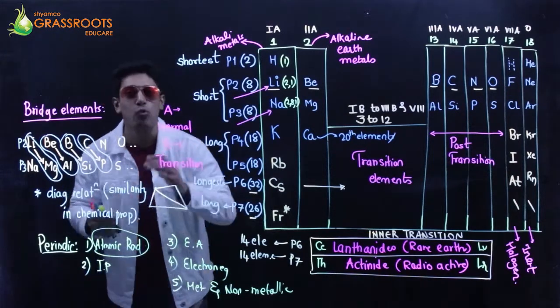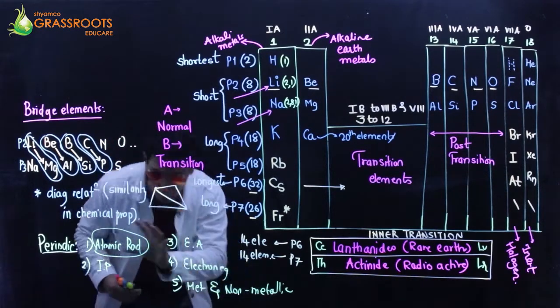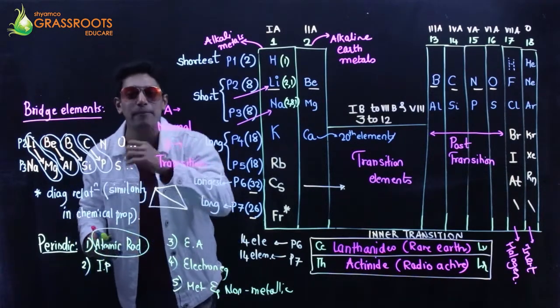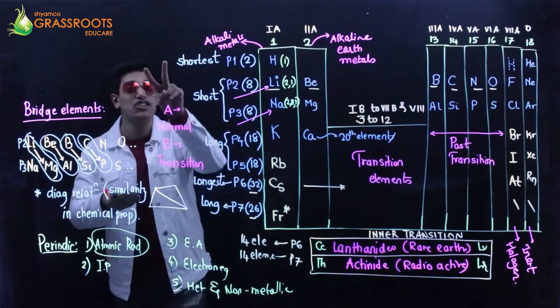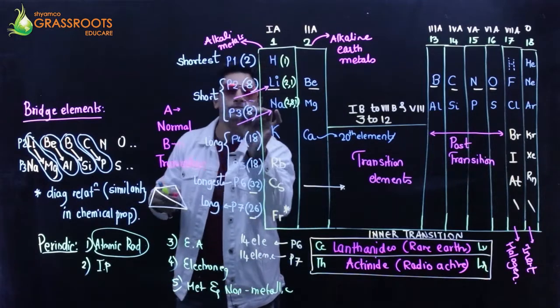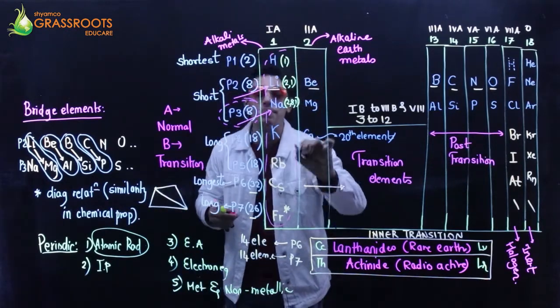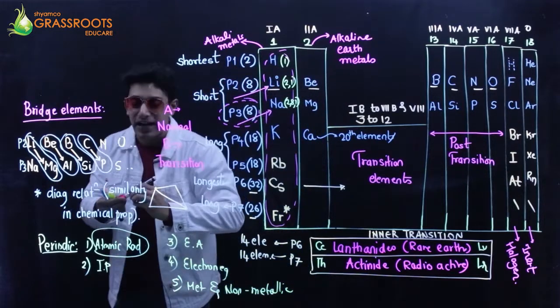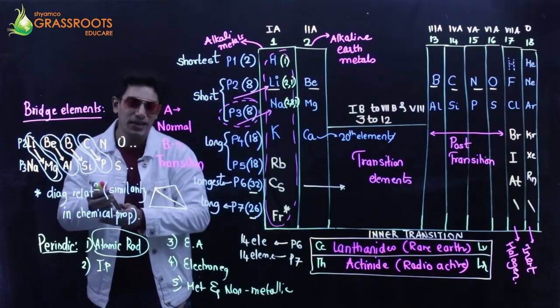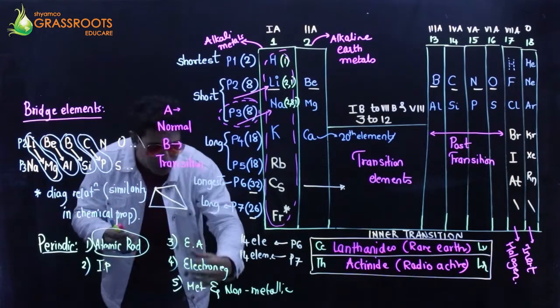Now remember, while speaking about all these 5 periodic properties, I am going to take an example of the second period, or let's take example of the third period, this one, and the first column. So I am repeating what I spoke in order to analyze the periodic properties.